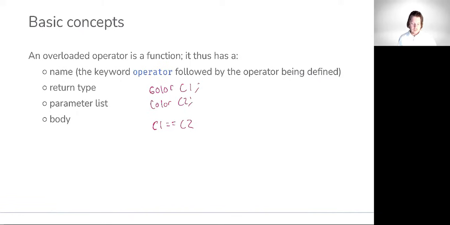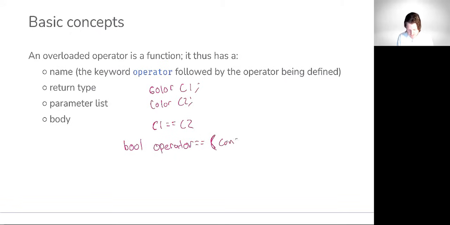So to do that, we'd go ahead and define an overloaded operator for this. Bool, because it's going to evaluate true if the test of equivalence passes, false otherwise. The name of the function is going to be operator==. And then we're going to pass essentially by constant reference two arguments of type color.